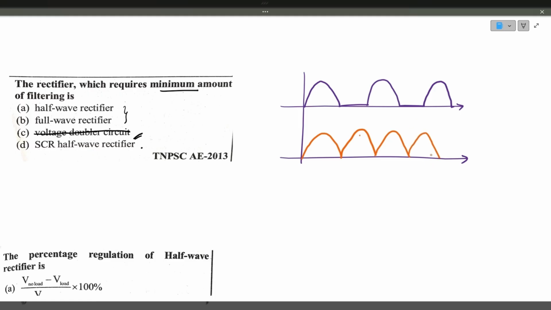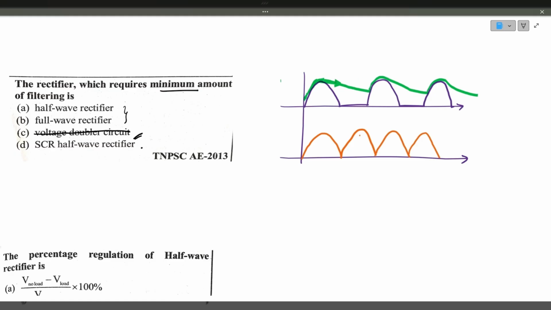Okay. Now, if you observe carefully, during the filtering action, it happens like this. This is the filtering action. The capacitor charges to the peak value and it discharges slowly. And again it charges and discharges slowly. This is the filter output.